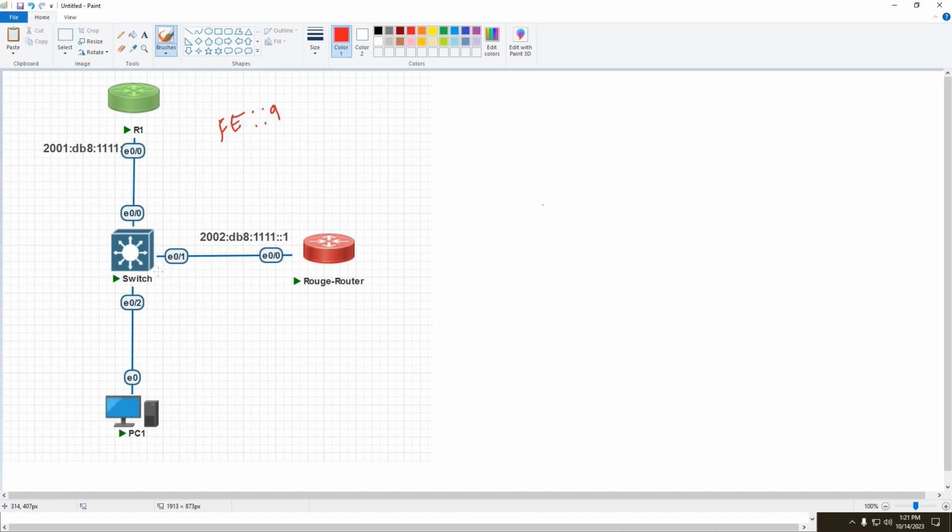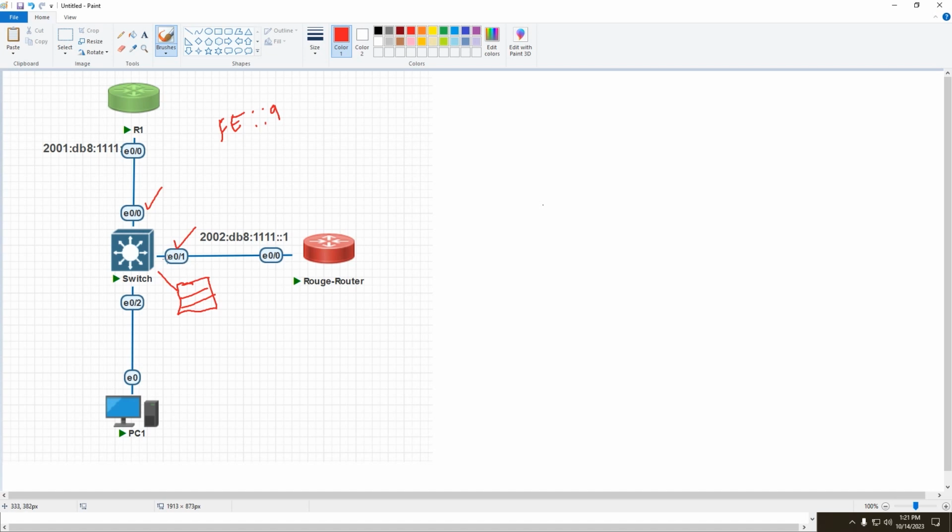And the switch knows that it's connected to Ethernet 0/0, and it will store that in the database. And now the switch knows FE something something 9 is connected to this interface, but for some reason, if it shows up on this interface, then we have a bigger problem.